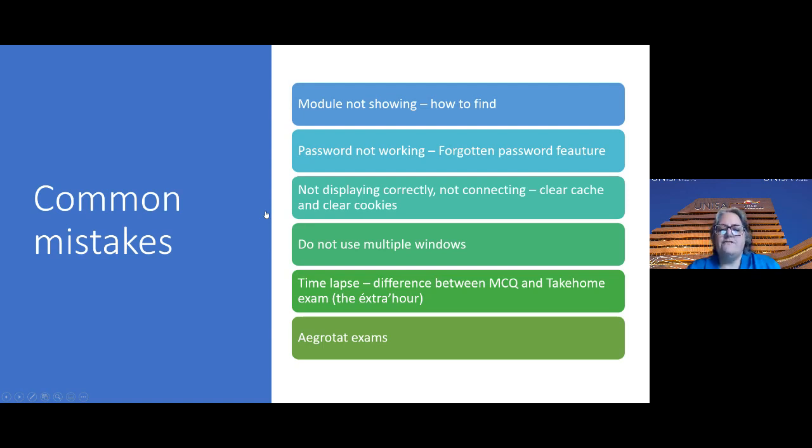You can apply for an aggregate exam. However, it's very important to note that you have to provide evidence in whatever way you can. Firstly, and then secondly, that this aggregate will be a second opportunity. So you won't qualify for a supplementary exam if you fail that second opportunity.